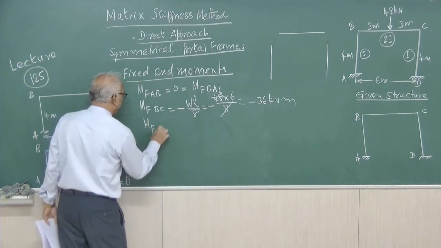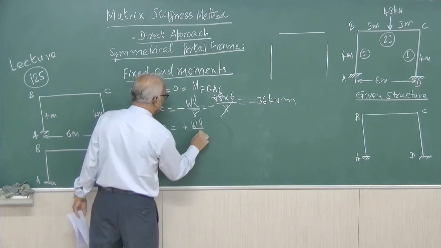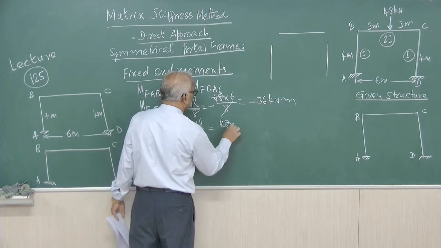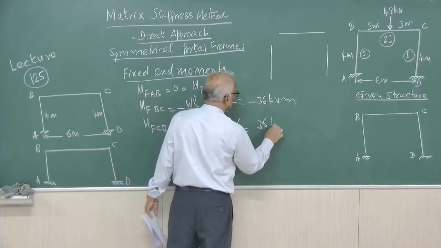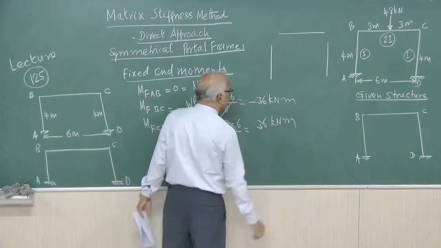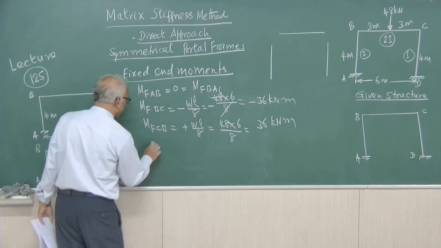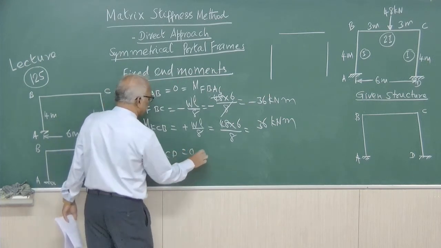MF CB equal to plus WL by 8 for symmetric loading, therefore it is 48 into 6 by 8, equal to 36 kilonewton meter. CD again is not subject to any lateral loading, therefore MF CD equal to 0, which is also equal to MF DC.